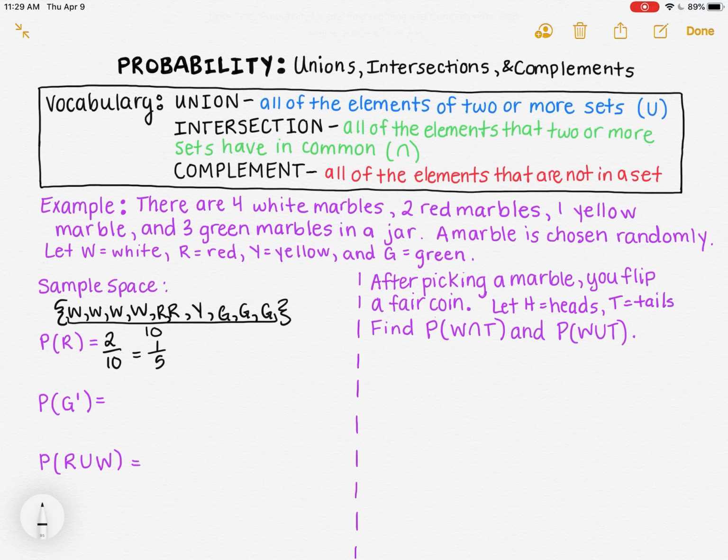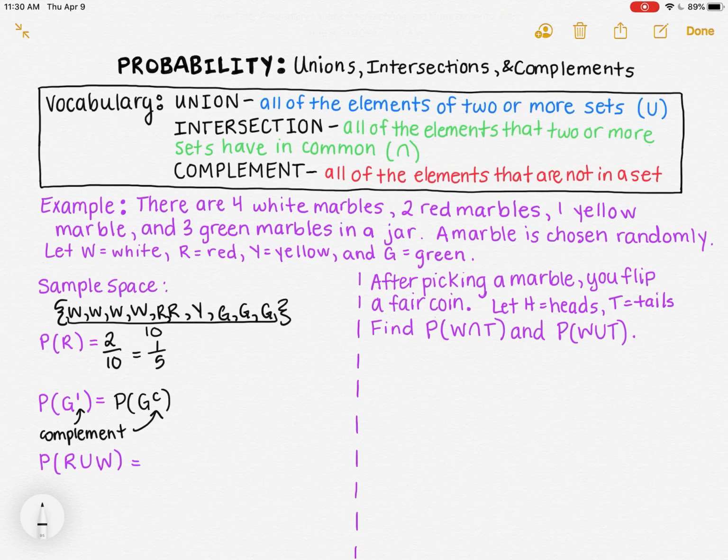This next one says P parentheses G, and then it has a little apostrophe. This is new. This is telling us to find the complement of the event of picking a green marble. Real quick, you might also see this written as P parentheses G with a little C above it. They mean the same thing. They both mean the complement of picking a green.